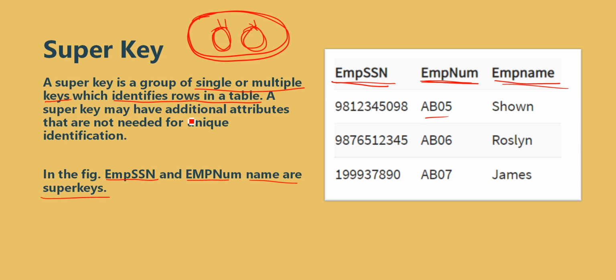A super key may have additional attributes that are not needed for unique identification. Why are these called super keys? Because on the basis of this combination I can uniquely identify each and every employee. That's why these columns are termed super keys.